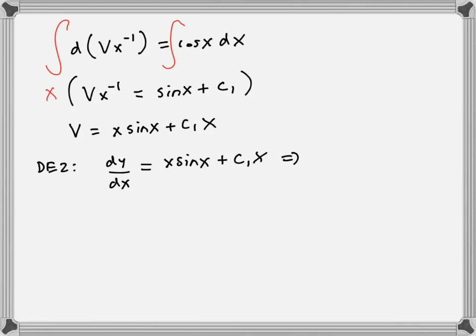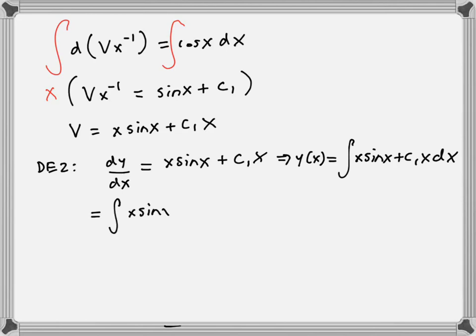Oh, well, even simpler, right? I mean, if dy dx is that, then we just need to integrate both sides, okay? So this means that y of x is equal to the integral of x sine x plus c1x dx. So this is equal to the integral of x sine x dx plus the integral of c1x dx.